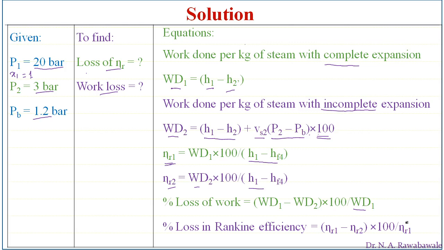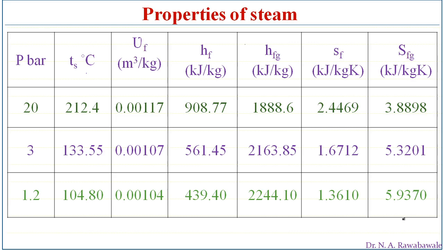Now we will start to solve this problem by two methods. First we take the data from the steam table at 20 bar. At 20 bar, the saturation temperature is 212, the specific volume of liquid is 0.00117, the enthalpy of liquid is 908, the latent heat of vaporization is 1888.6, the entropy of liquid is 2.4469, and the entropy of vaporization is 3.88.